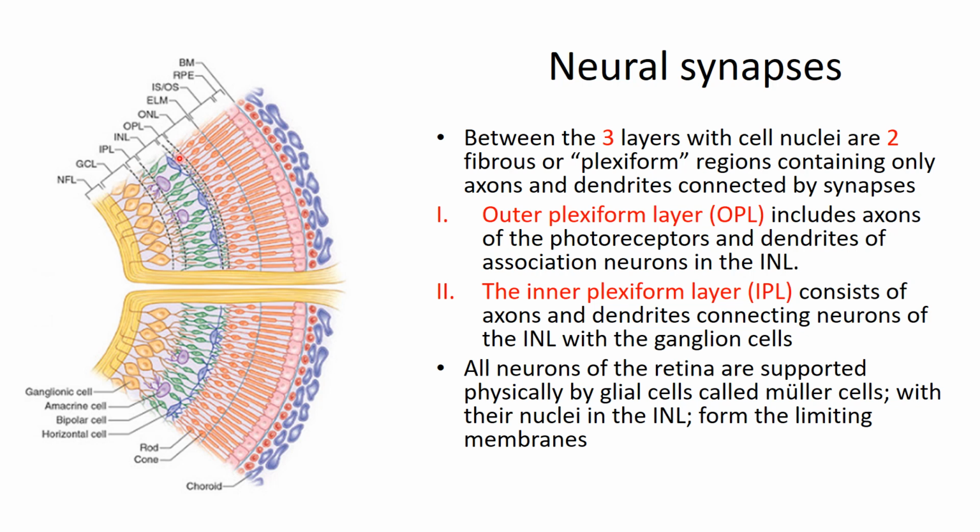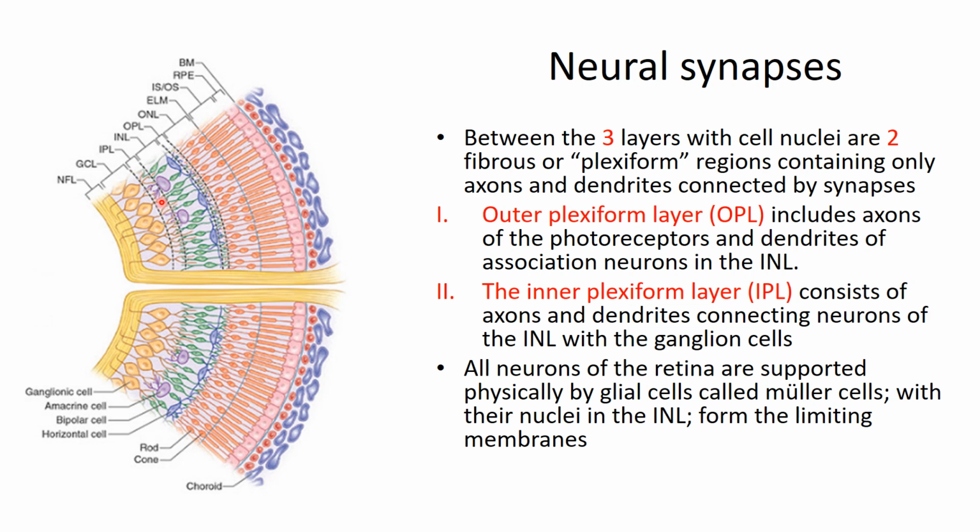One is known as the outer plexiform layer, which includes the processes or axons of the photoreceptor cells and dendrites of the neurons which lie in the inner nuclear layer, like mainly the bipolar neurons, and amacrine and horizontal cells. So this is the outer plexiform layer.